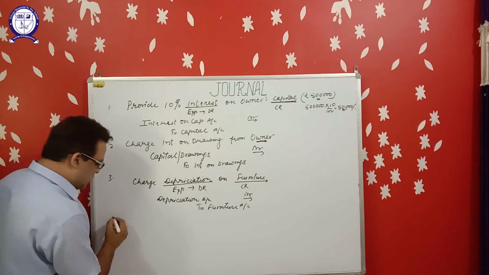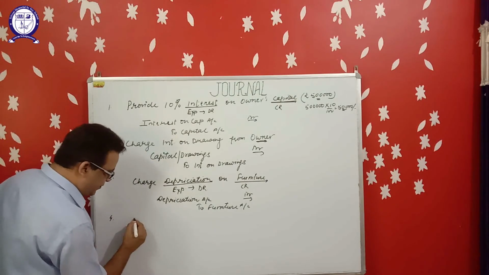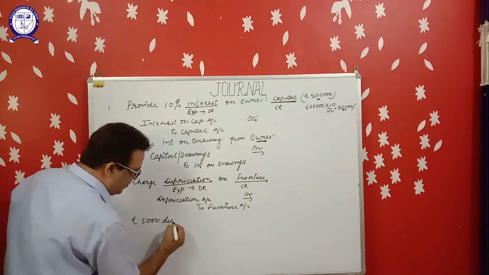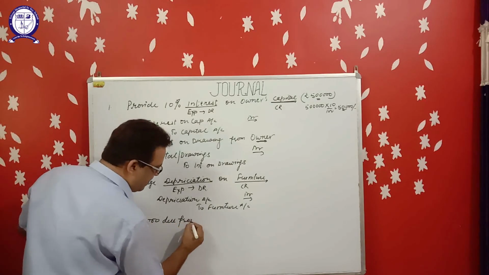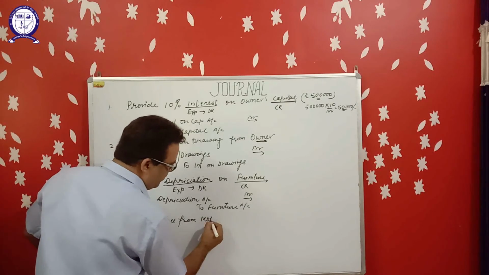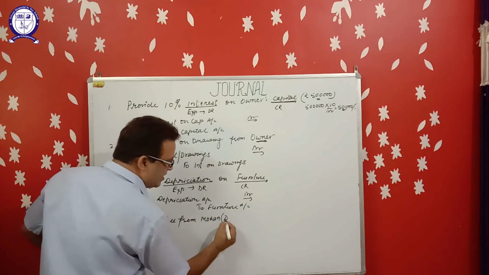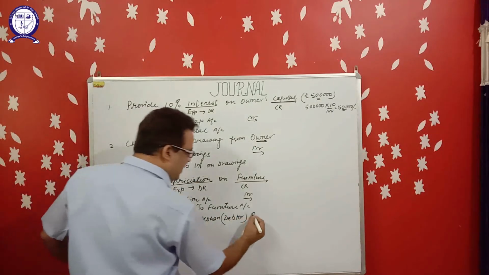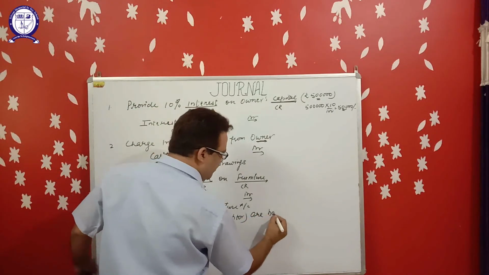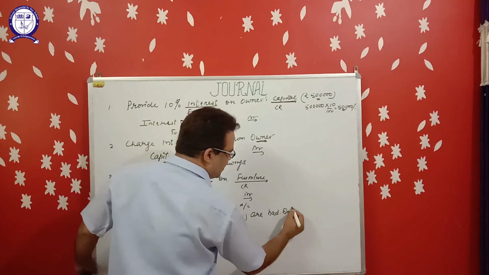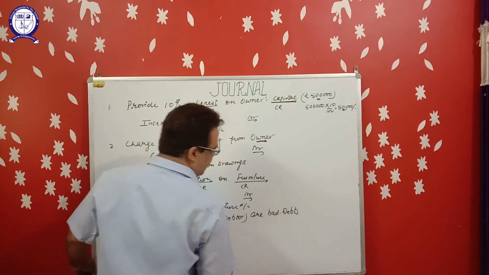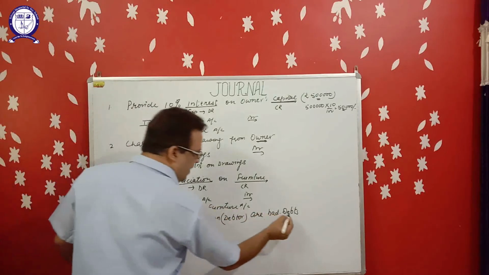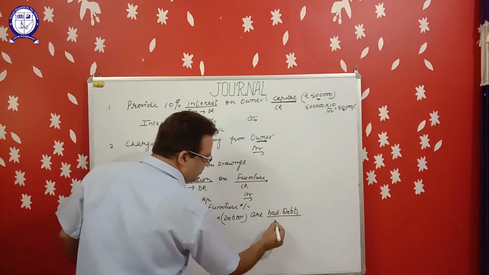Now entries for bad debts. Rupees 5,000 suppose due from Mohan. Mohan is our debtor. These are bad debts now. Bad debts means amount irrecoverable from debtor. The amount which is not received from the debtor. Bad debts is a loss for the business.